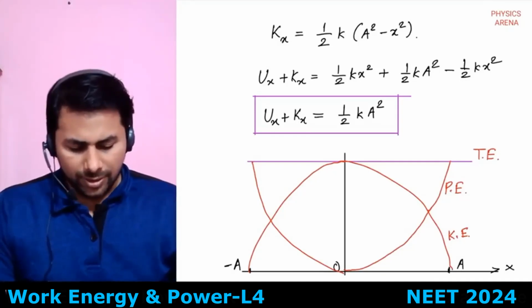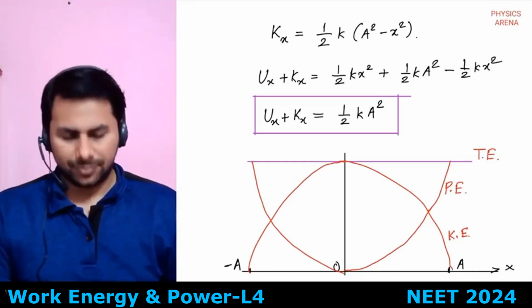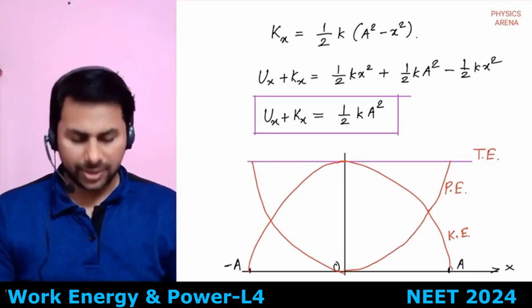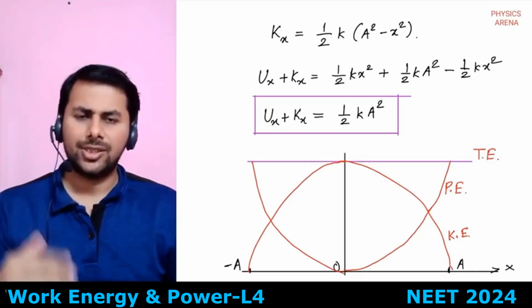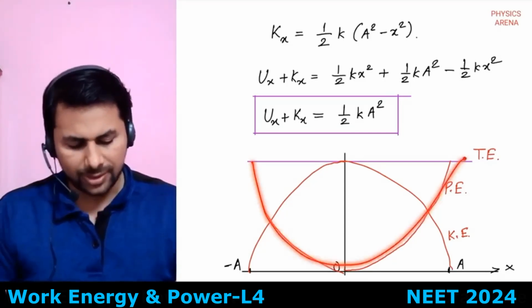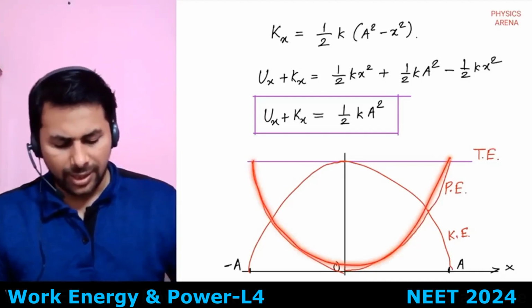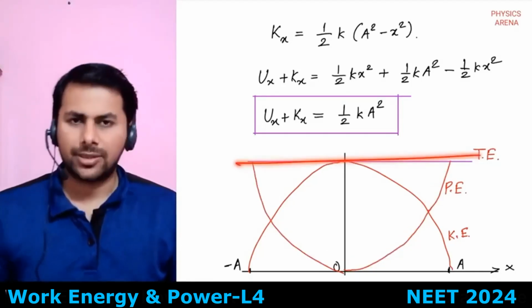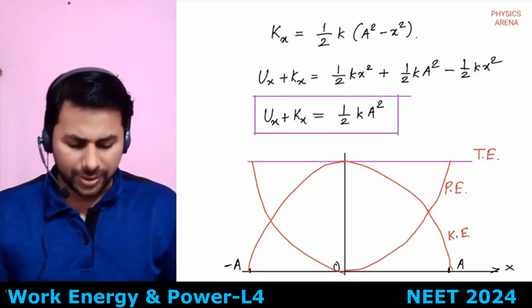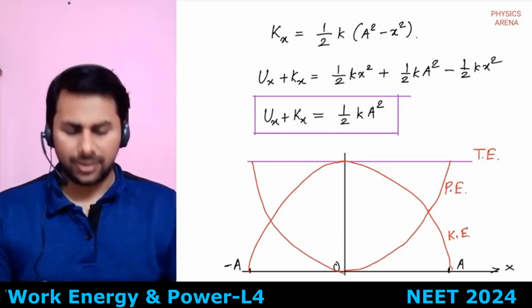Okay. So then if we plot the potential energy and kinetic energy of the spring block system, potential energy is just half of k x square, so its graph will look like this. And total energy is constant because this is a conservative force, so the graph of total energy with respect to position looks like this.